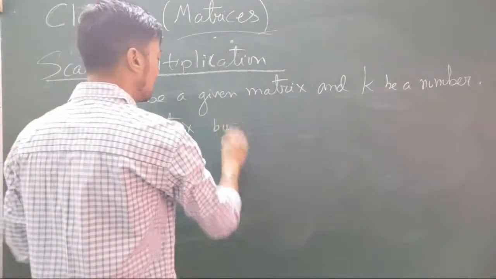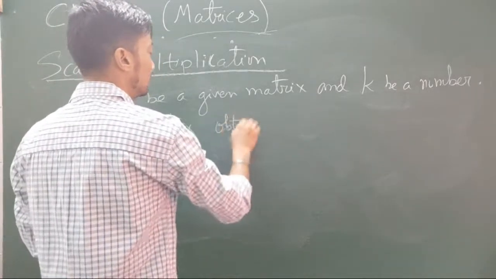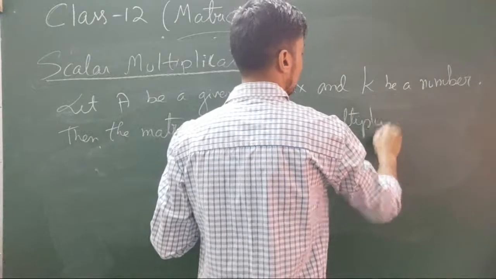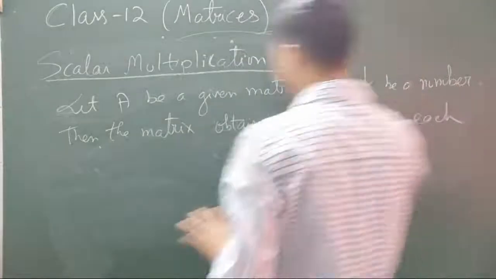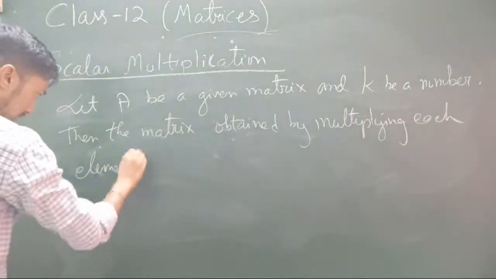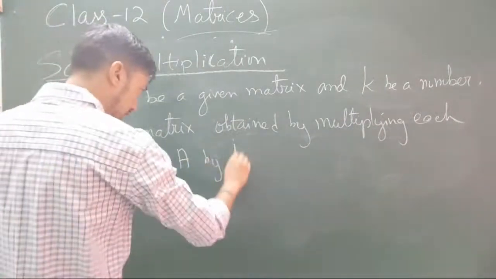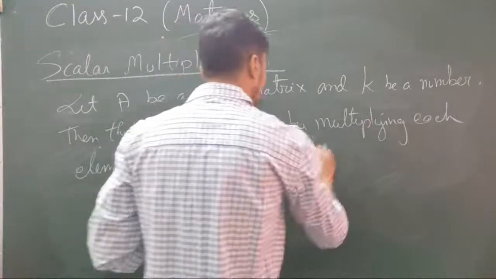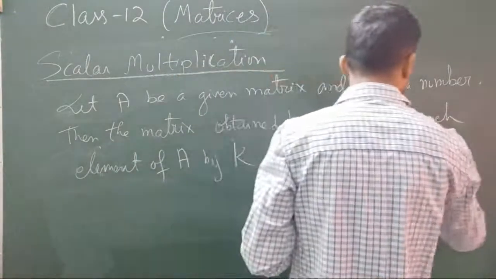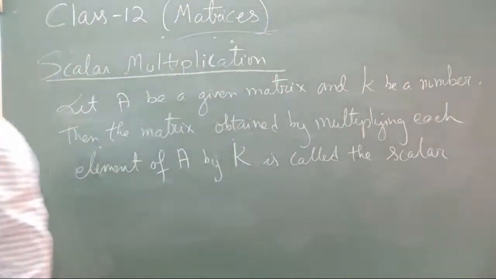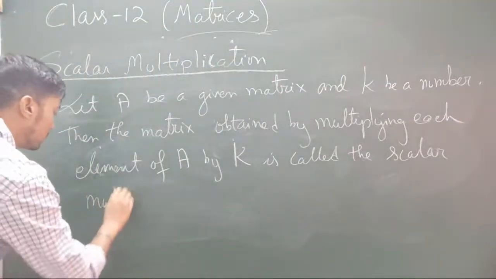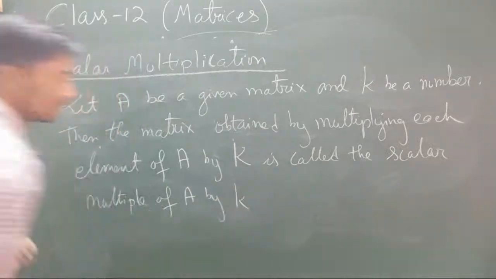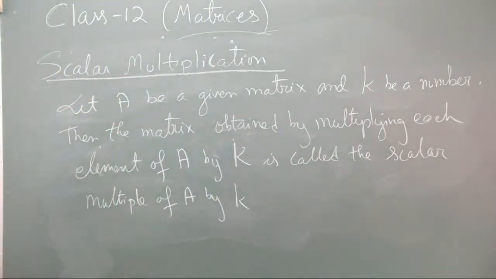Then the matrix obtained by multiplying each element of A by the scalar K is called the scalar multiple of A by K.